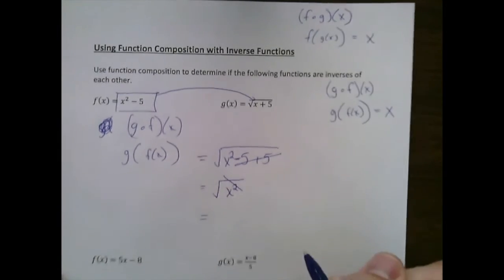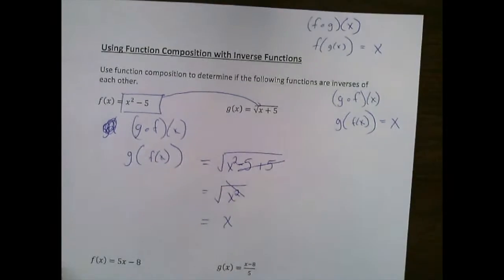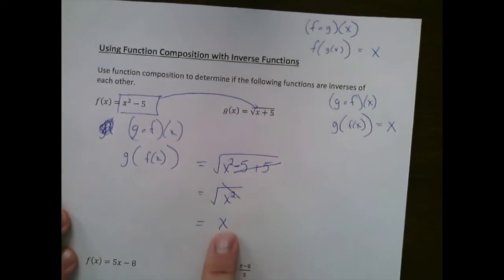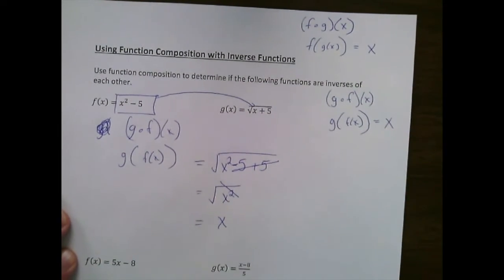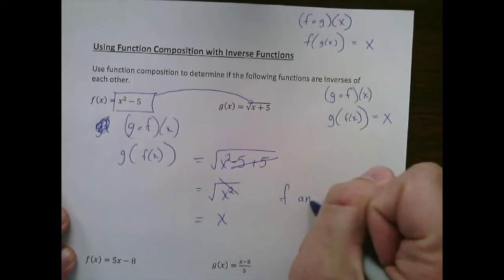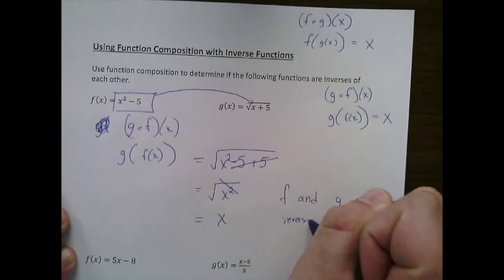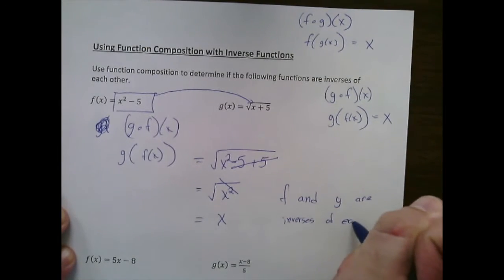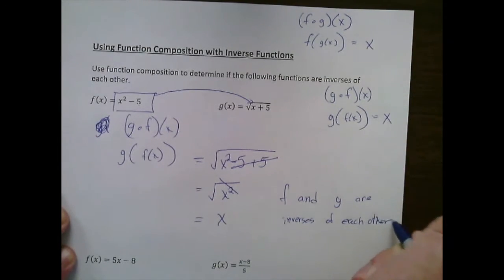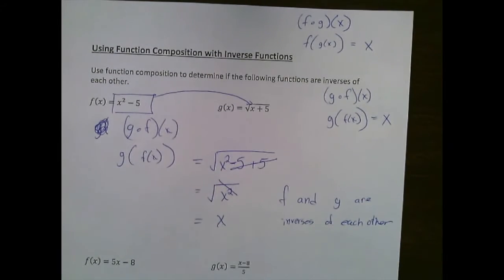Those are gone, so then you're just left with a plain old x. So since I simplified to a plain old x, it means f and g are inverses of each other. That's only because we simplified to a plain old x when I used the function composition.